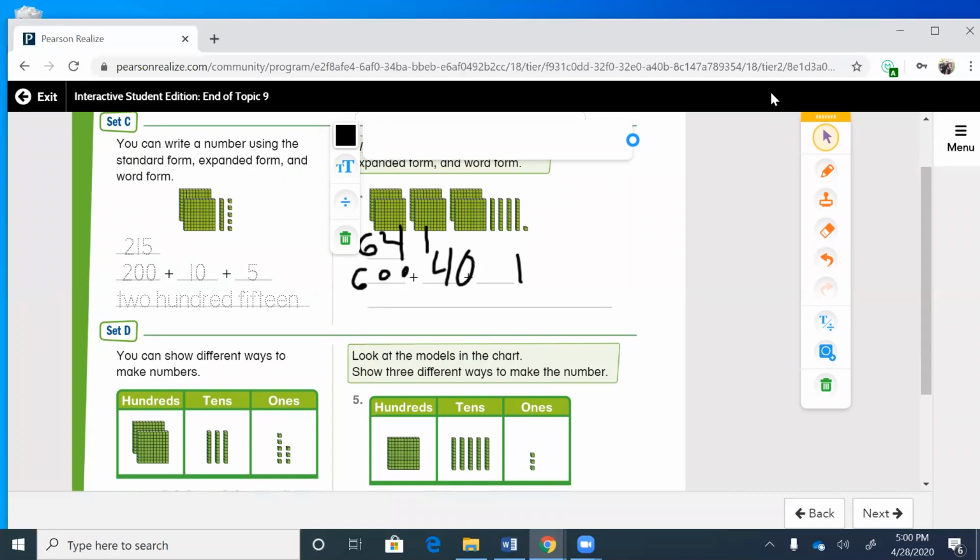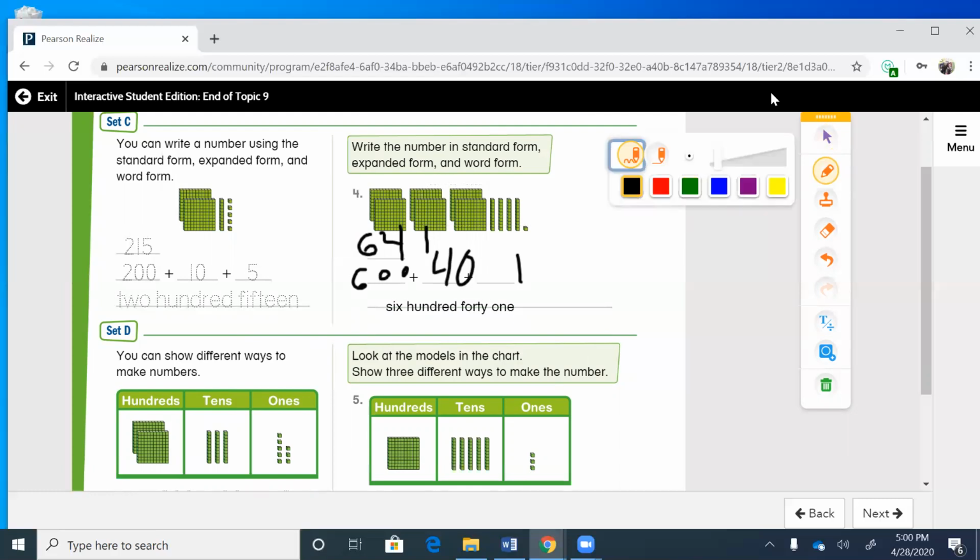Well, guess what? I'm just going to write it up here. 641. There you go. All right. Now can I move it? Yay, I can move it. There we go. All righty.